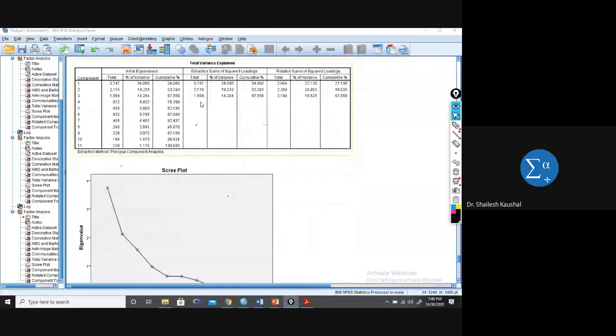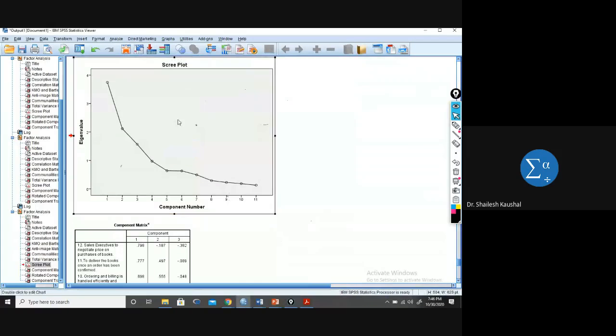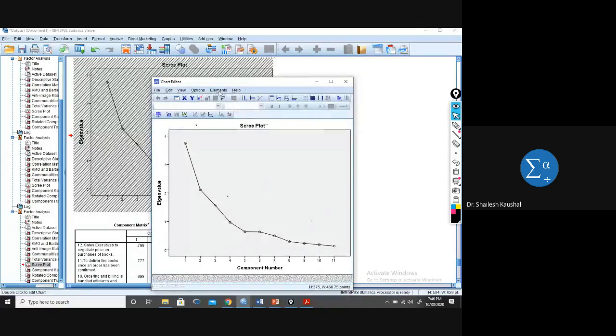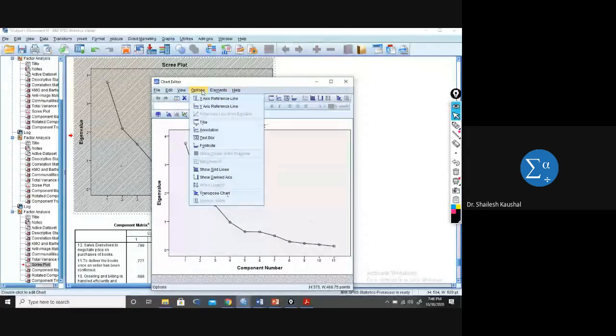Okay, now how many components are there here? Only 3 components, because the eigenvalue is greater than 1, only 3 factors. So I am double clicking this and elements. I am drawing just a parallel line with the y axis.